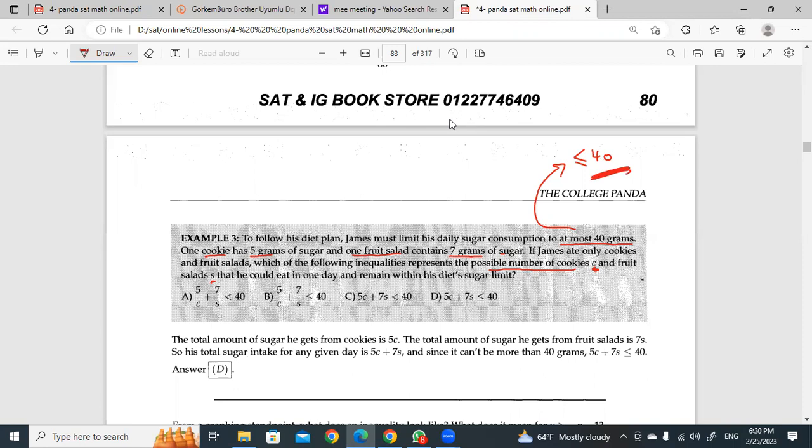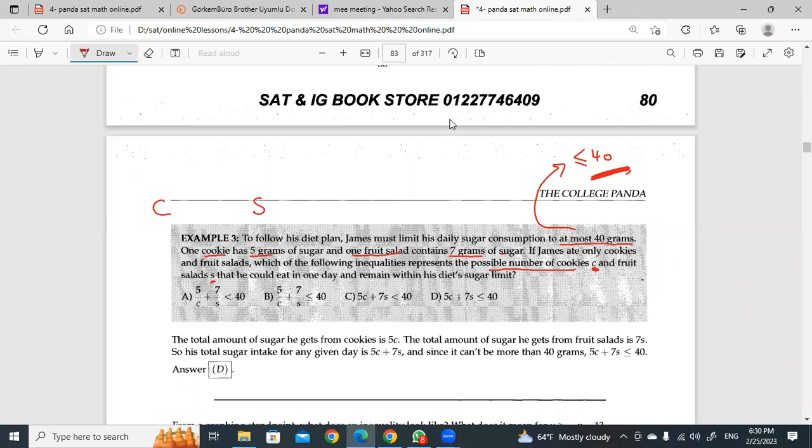So first of all, he ate cookies and fruit salads, okay? And he can't exceed the 40 grams of sugar daily.